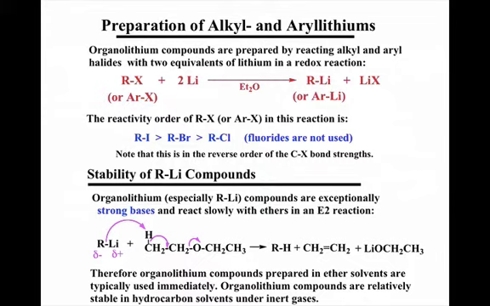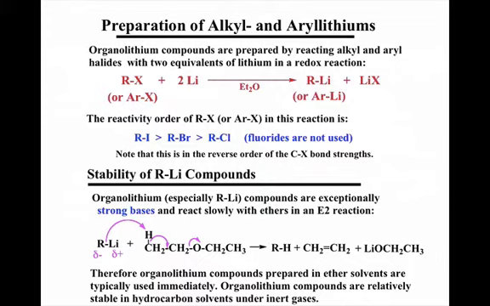So, making organolithium reagents is very easy. You take something like diethyl ether that has no water around, because lithium reacts explosively with water. You add lithium metal, and then you drip in an alkyl halide. And the alkyl halide can either be a chloride, a bromide, or an iodide. And what you get out of that reaction is an alkyl lithium plus a lithium salt.